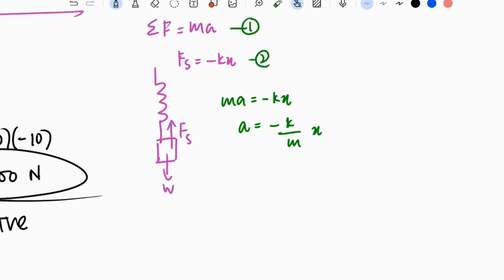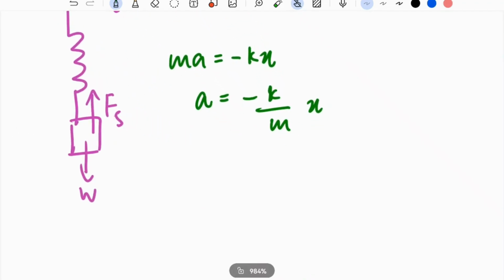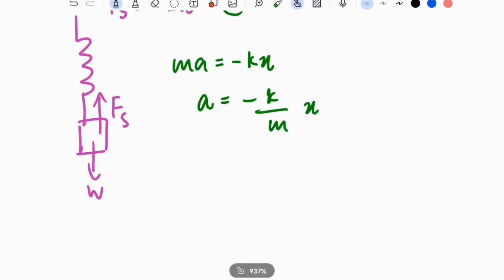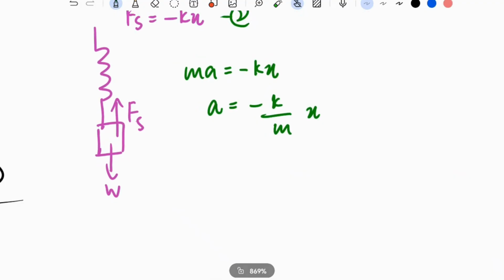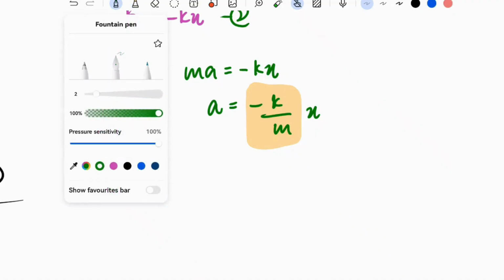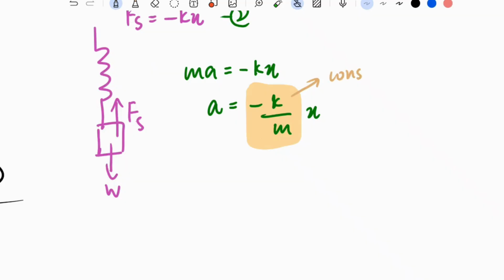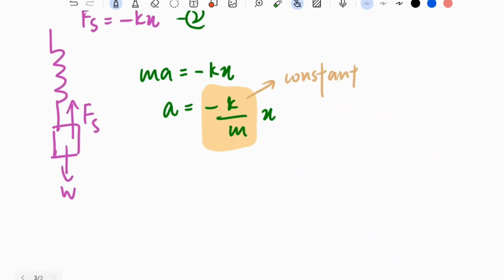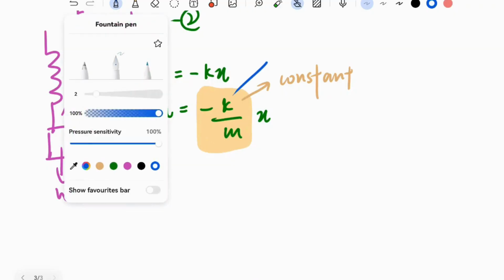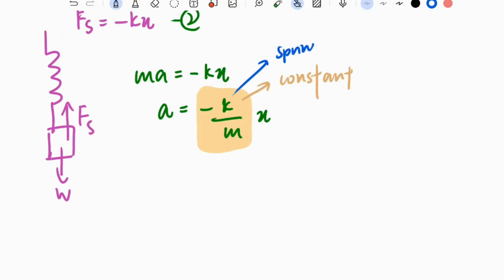So let's look at this equation for a bit and see what we can deduce from it. First thing, we have the part I highlighted in orange here. This is actually a constant. Now why is it constant? Because k is a spring constant, which doesn't change, like I said, and your mass is also constant.